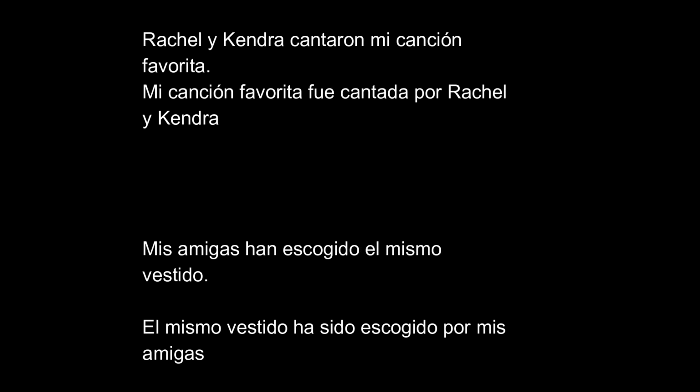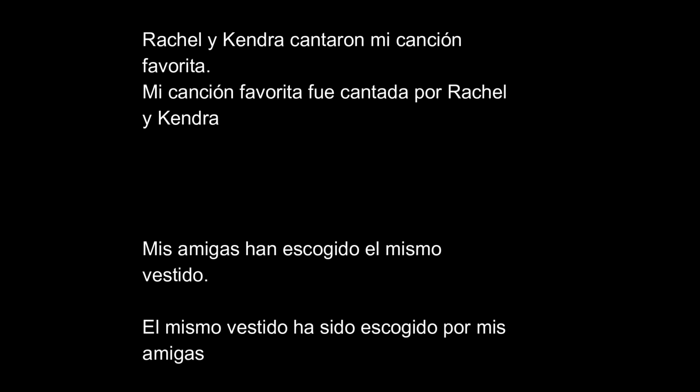So as we can see, now the subject in this passive form, which was the object in the active form, is followed by the adjective favorita, which has to end with an a because mi canción is feminine. And then we have fue cantada.